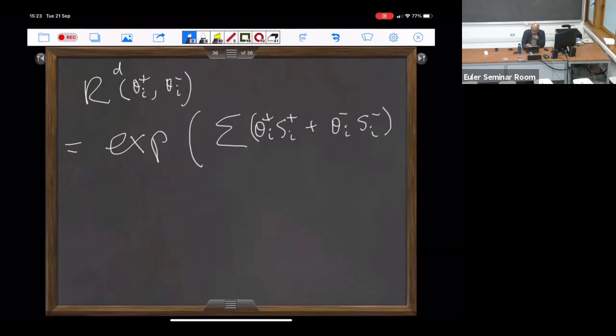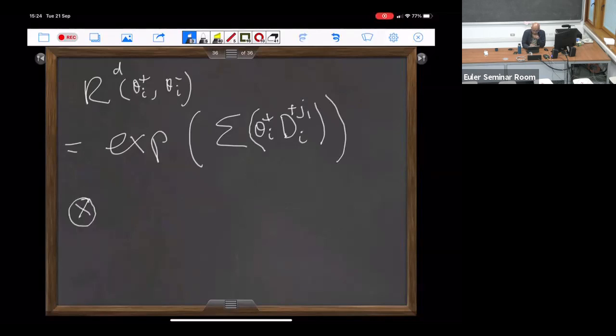Sorry, this is also not correct. So here we'll have d I plus j1, so this is some representation of the first SU2.